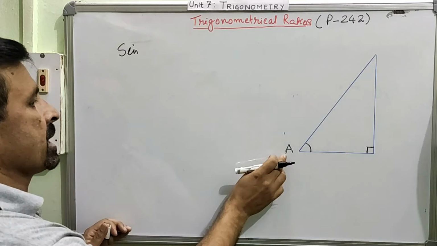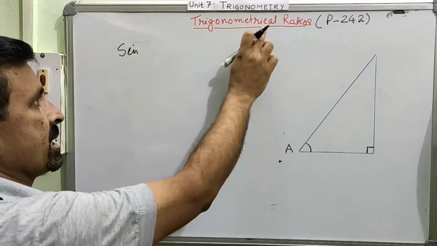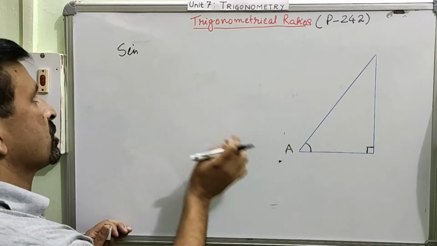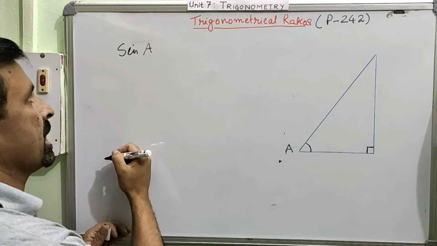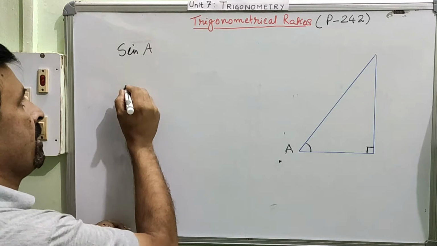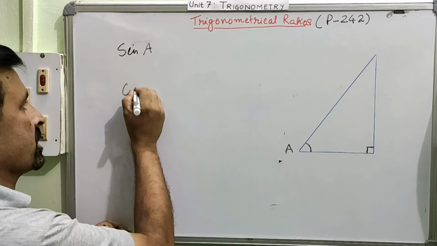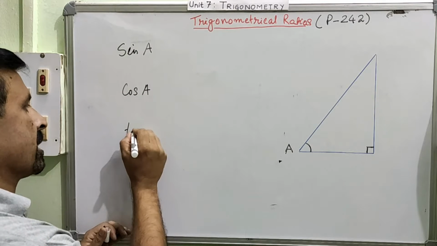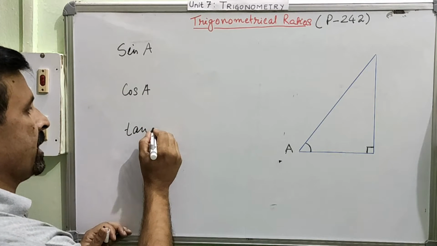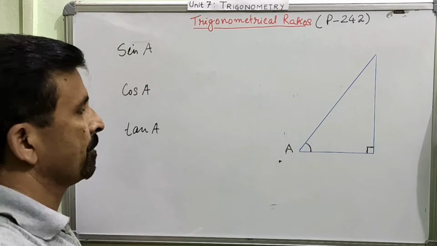So for sine we are calculating the trigonometrical ratio in terms of this angle, so we will have the angle A. Is this very clear? Then we have another trigonometrical ratio, cos. This also in terms of angle A. And then we have a third one, tan, and this is also with angle A.